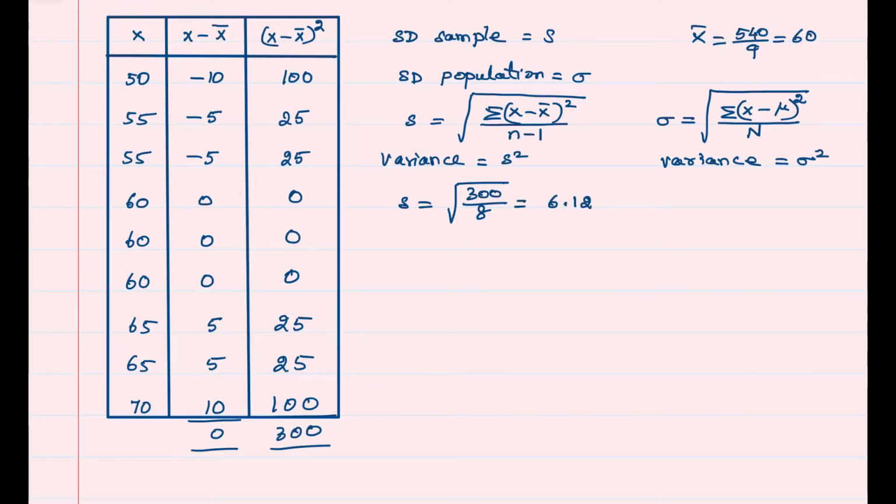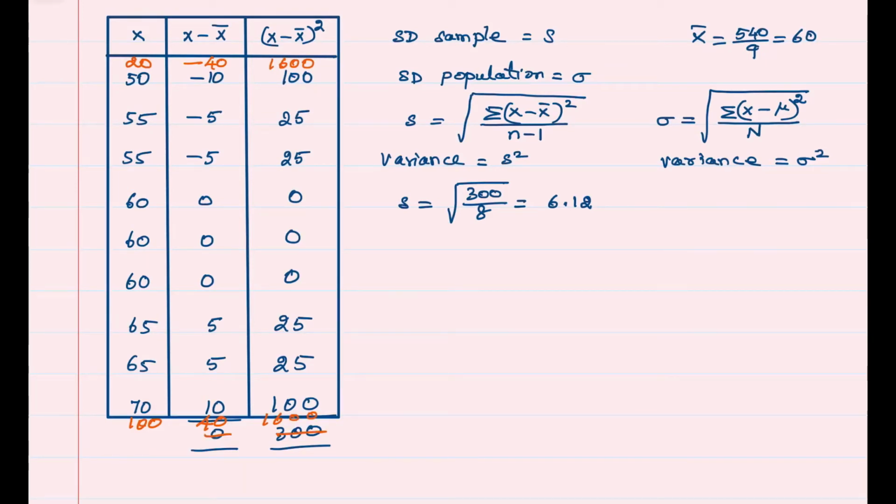Let me change the data now by including two more observations. Let us include two observations, 20 and 100, in the table. So the corresponding deviations are 20 minus 60, negative 40, and 100 minus 60, positive 40, and their squares are 1600.